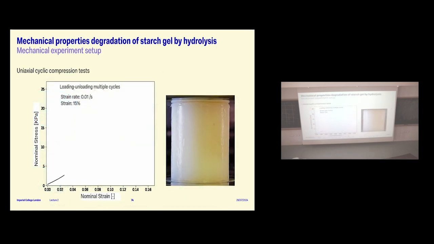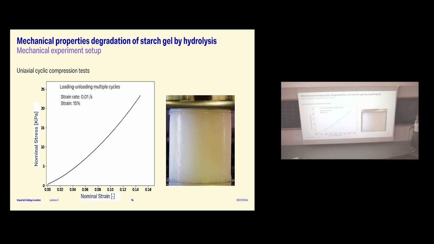This is just a video of one of these tests to show compression. And on this axis, you have stress and strain. And you can see the unloading part as well.